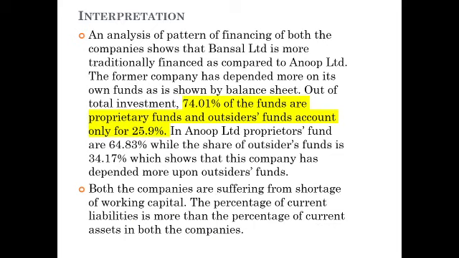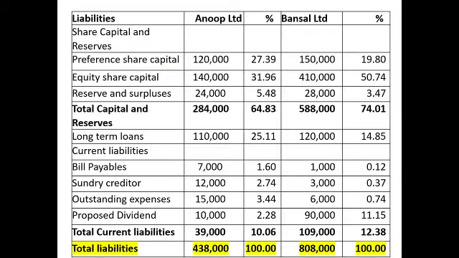So Anup Limited, the proprietors fund, which we call shareholders equity, while the share of the outsiders fund or maybe the debt capital is nearly 34 percentage that we can see here.